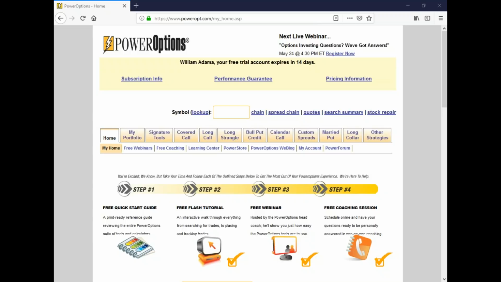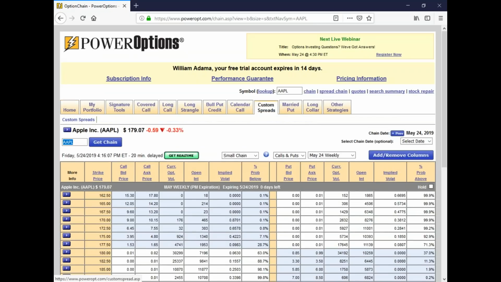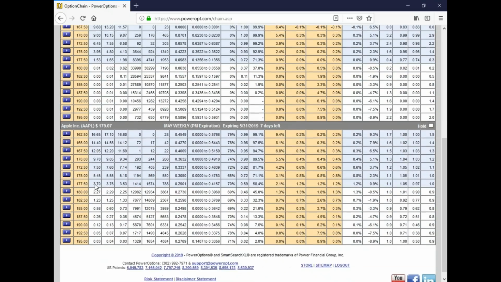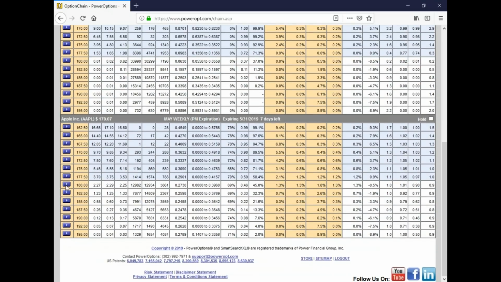Okay, so let's just go to a quick chain, and I'll just go to Apple. Oops, without the paren. There we go, Apple. Let's go ahead and go to the chain. Okay, and let's go ahead and just look at calls for the time being. Okay, so I'm going to pick an expiration for next week for Apple.